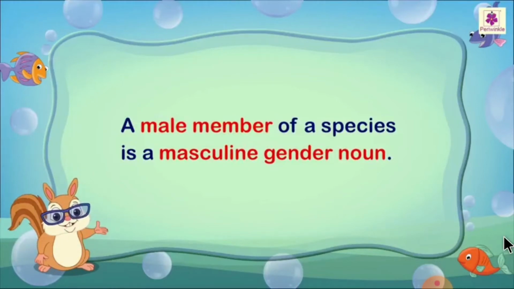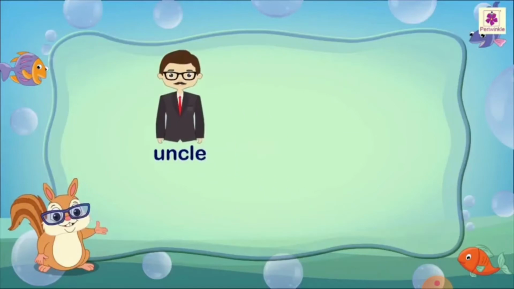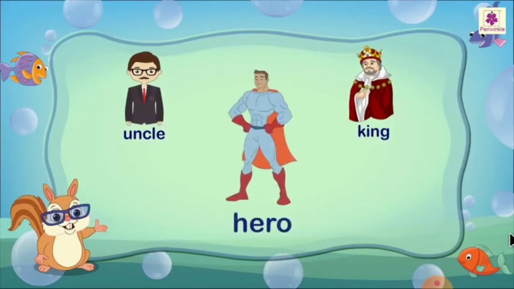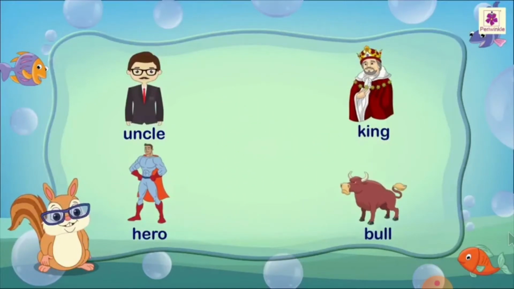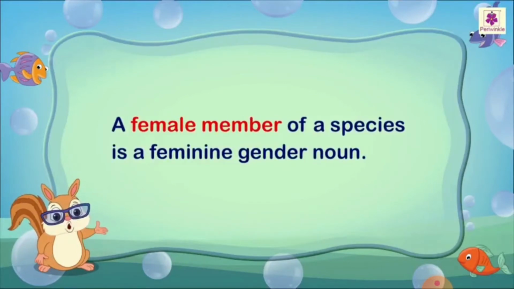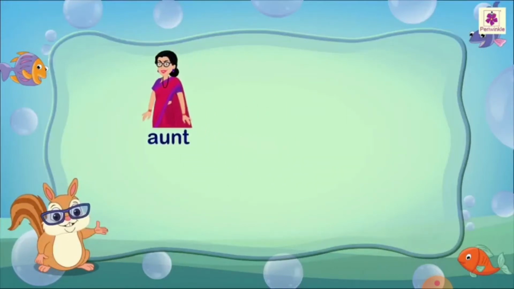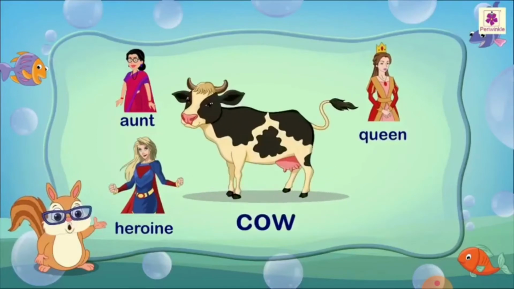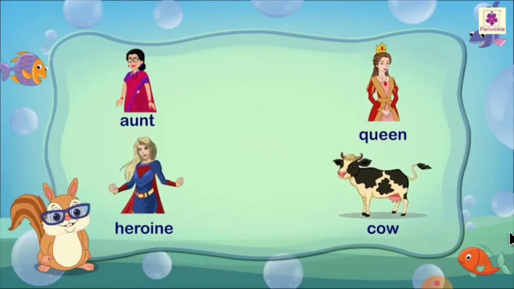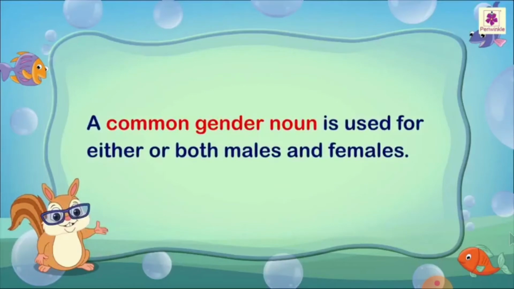For example, uncle, king, hero, bull, etc. A female member of a species is a feminine gender noun. For example, aunt, queen, heroine, cow, etc. A common gender noun is used for either or, both males and females.